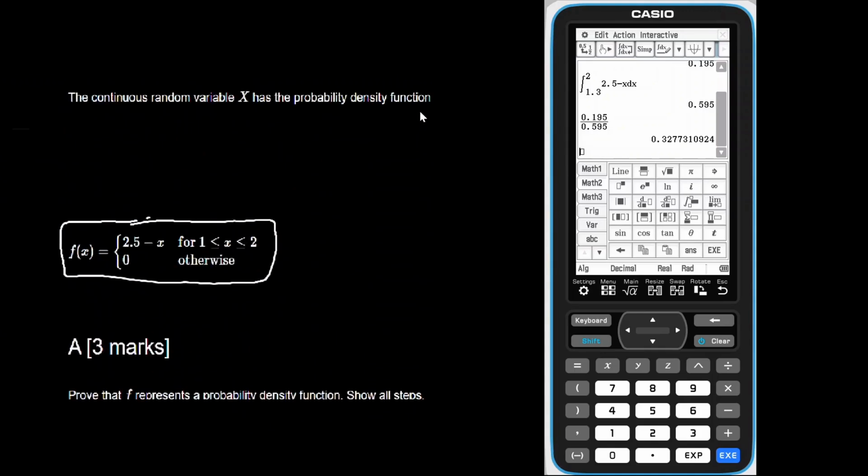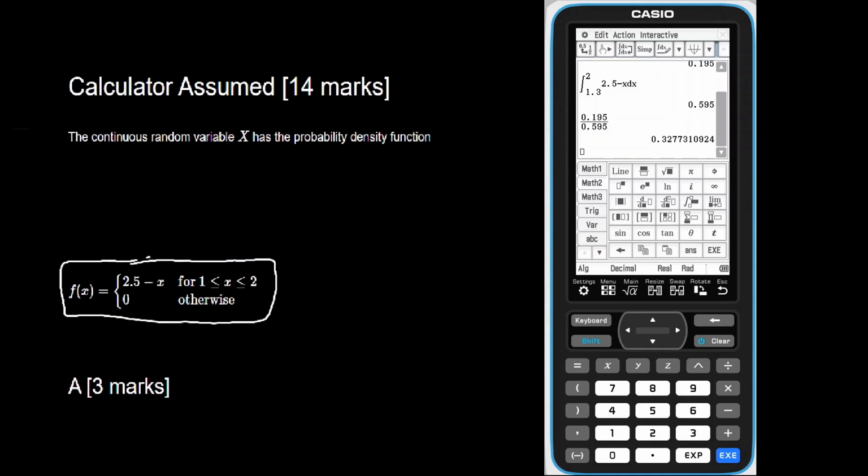So part E is asking us to find a simplified expression for the cumulative probability density function. Find expression for your CDF.